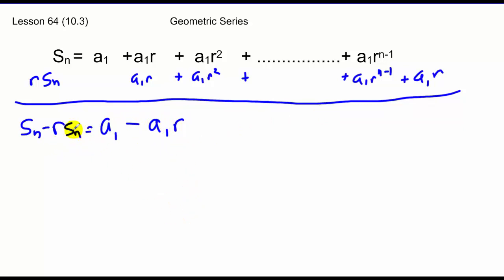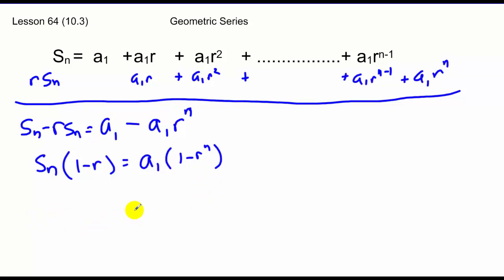Then he said, hey, I can isolate this by pulling out this sum, which leaves me with 1 minus r, and then I can factor out an a sub 1 and have 1 minus r to the n here, and I end up with the sum equals the first term times 1 minus the ratio raised to the n power over 1 minus the ratio.